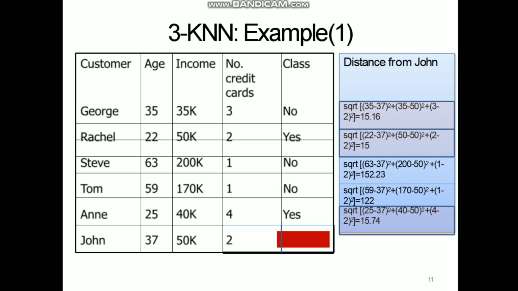As we have the Euclidean formula, the square root of (x1 minus x2) squared plus (y1 minus y2) squared, here we calculated all the values. From that we can see that Rachel is the nearest neighbor of John.